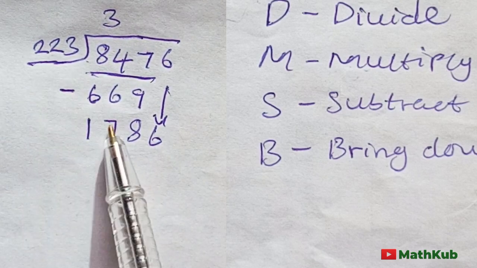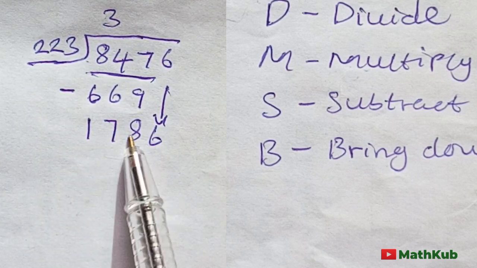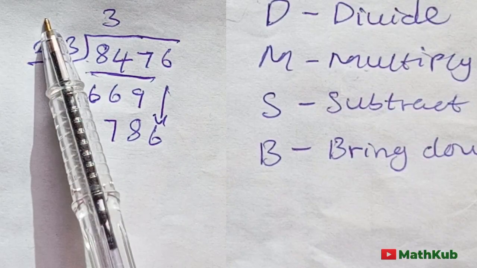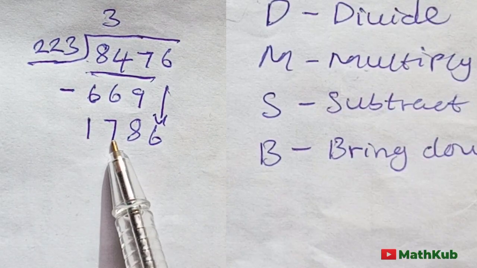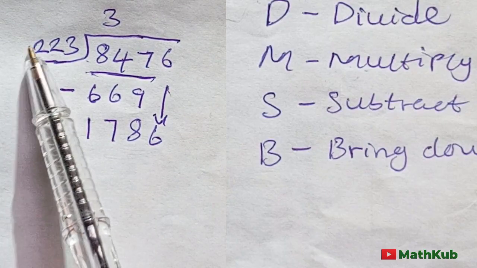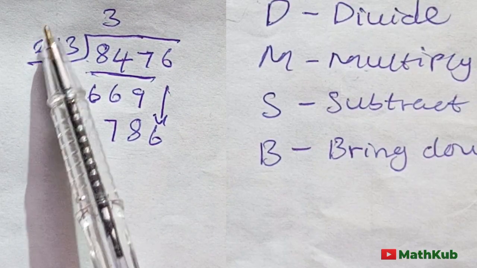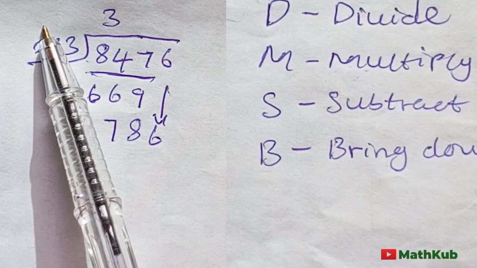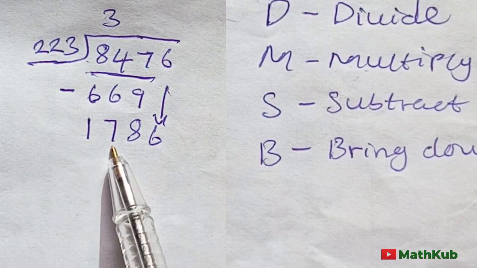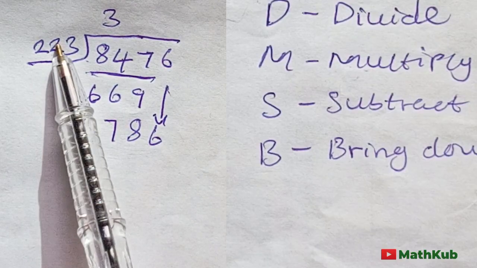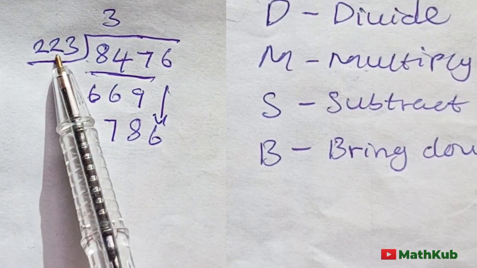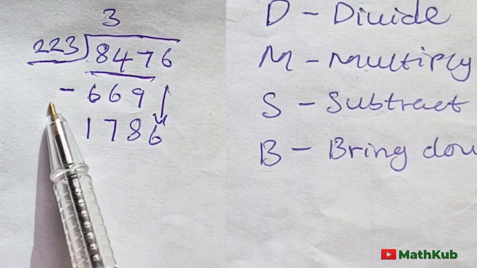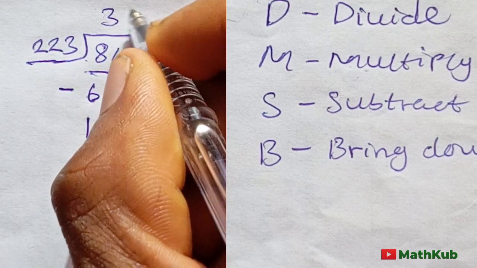If we try 9, 2 times 9 gives us 1800, which is more than this. If we try 7, 2 times 7 gives us 1400. 8 is very close to 1786. So the answer will be 8.